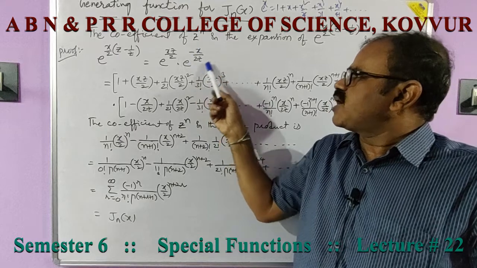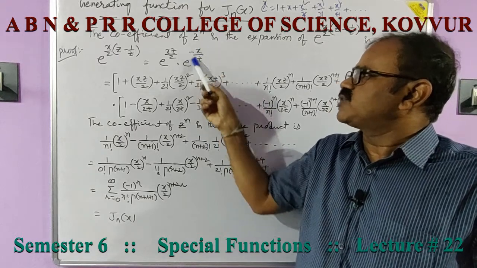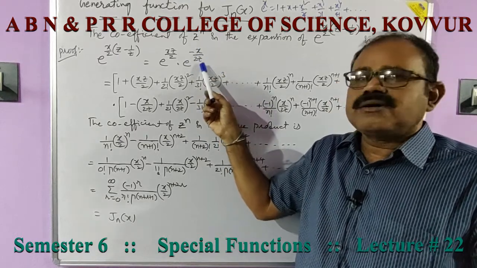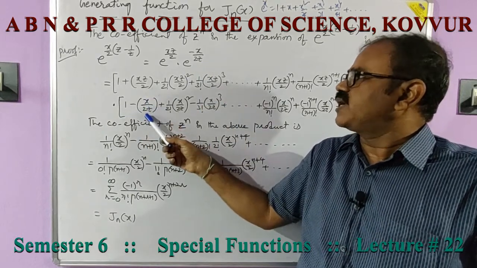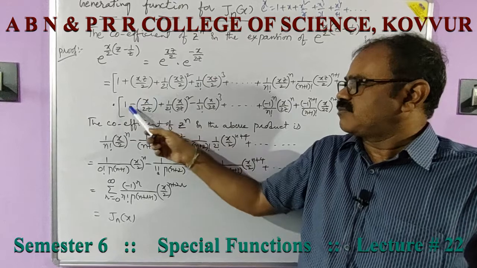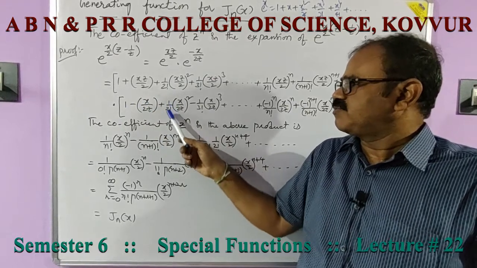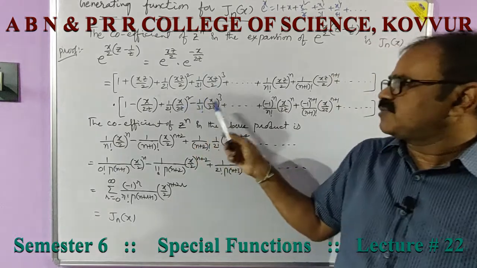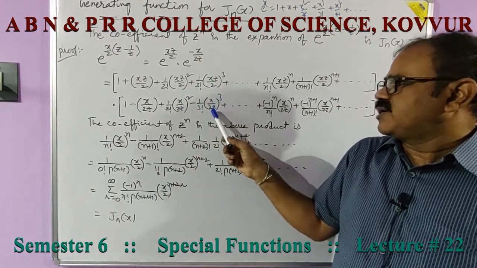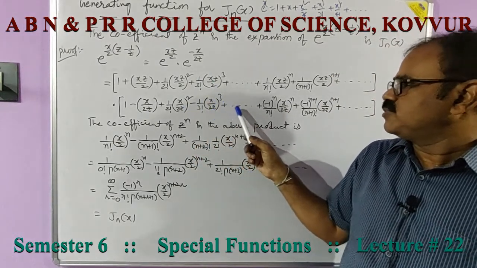In place of x you have minus x by 2z. So you get alternate positive and negative terms: 1 minus x by 2z, plus 1 by 2 factorial into x by 2z whole square, minus 1 by 3 factorial into x by 2z whole cube, and so on.